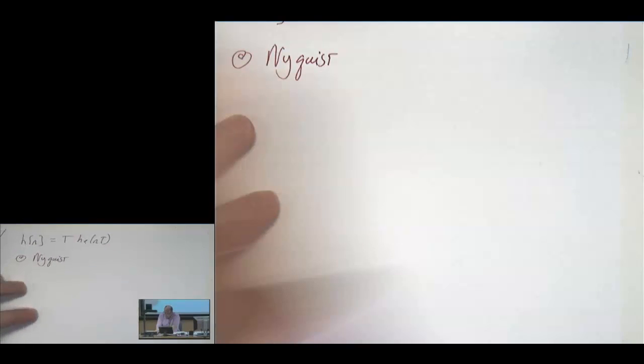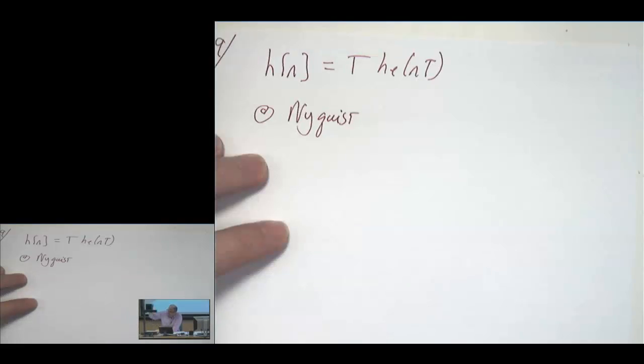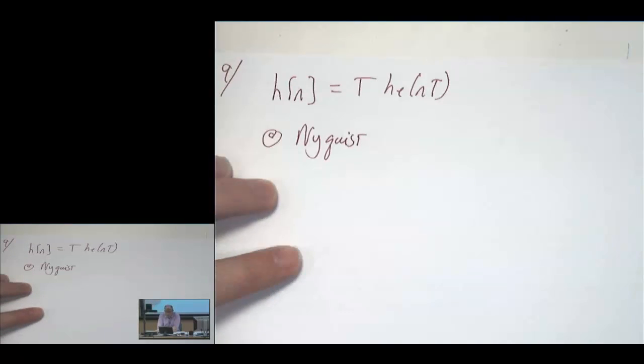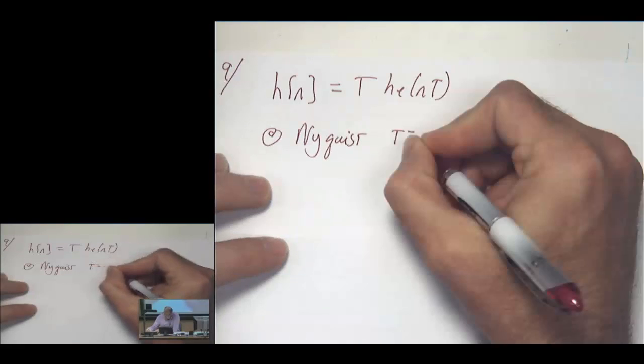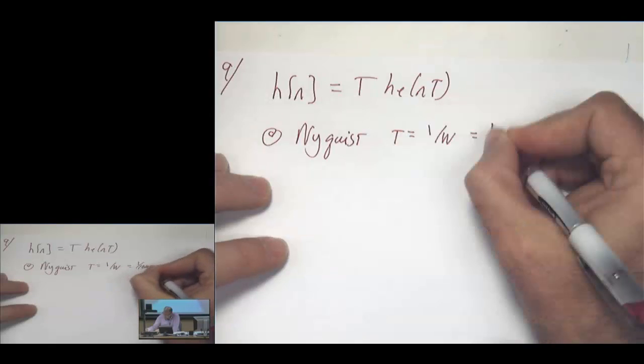All right, I think someone messes with this machine every time because usually it's up here. So Nyquist, the signal bandwidth is 5 megahertz. So what would be the Nyquist sampling frequency? Minimum 10 megahertz. So supposing we sample at Nyquist, T will be equal to 1 over W, the passband bandwidth, which is 1 over 10 megahertz.